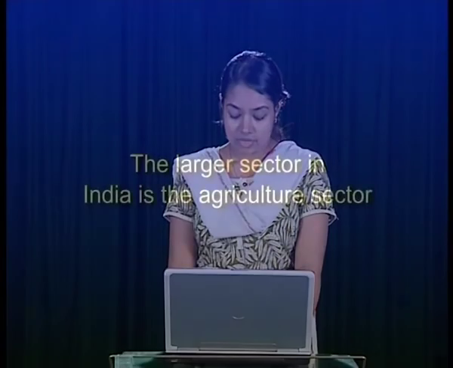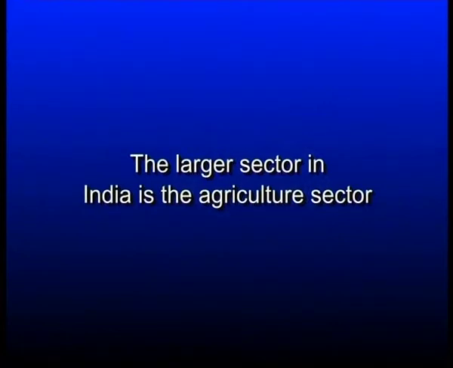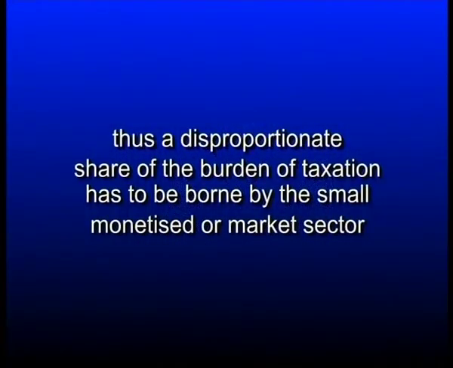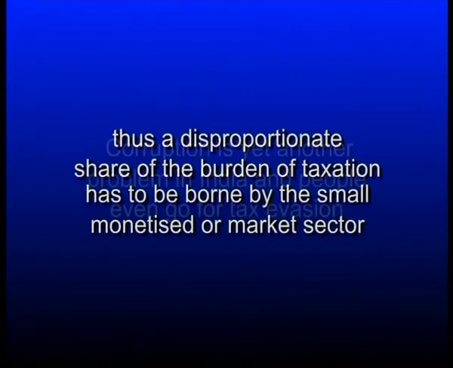As stated earlier in this lecture, the largest sector in India is the agriculture sector. However, this is mostly exempt from taxation or the tax is lightly imposed. Thus, a disproportionate share of the burden of taxation has to be borne by the small monetized or market sector.